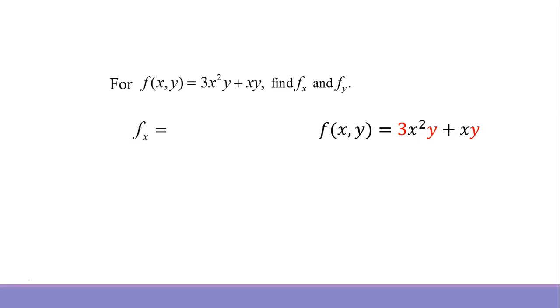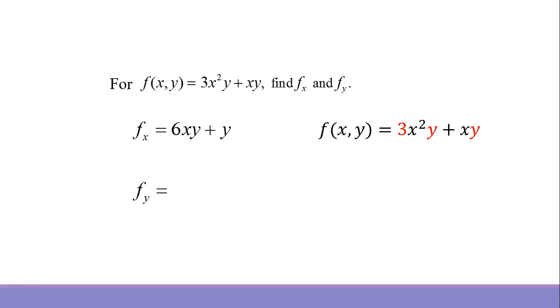The 3 and the y in the first term are considered constants, and the y in the second term is considered a constant. So the derivative of the first term is 3y, our constant, times the derivative of x squared, which is 2x, or just 6xy. And the derivative of xy is y.